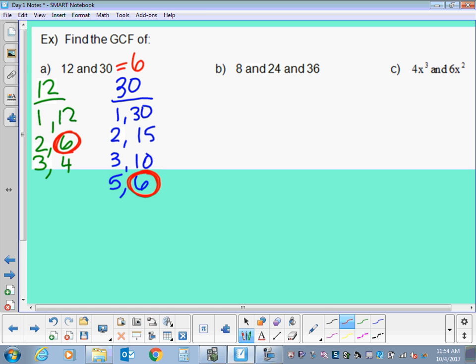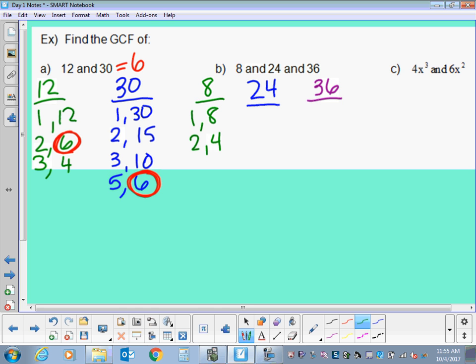All right, what if we have 3 numbers? We have 8, 24, and 36. Lorena, what are the factors of 8? 2 times 4 equals 8. So 1 and 8, and 2 and 4.